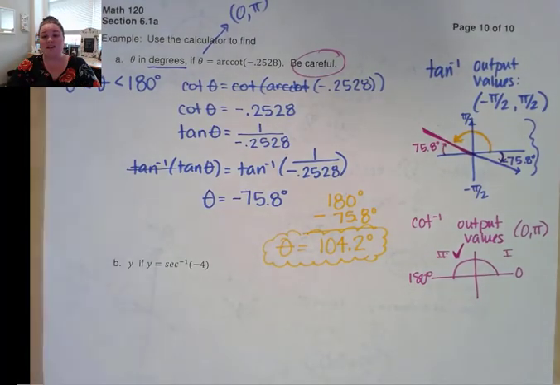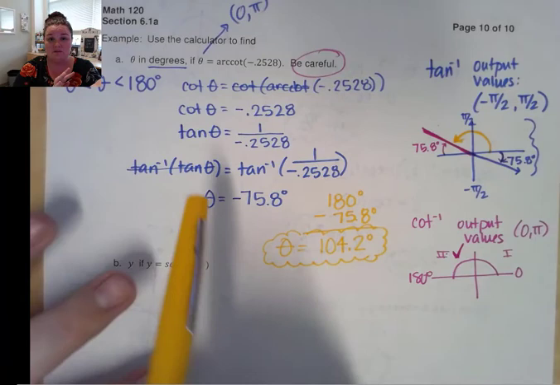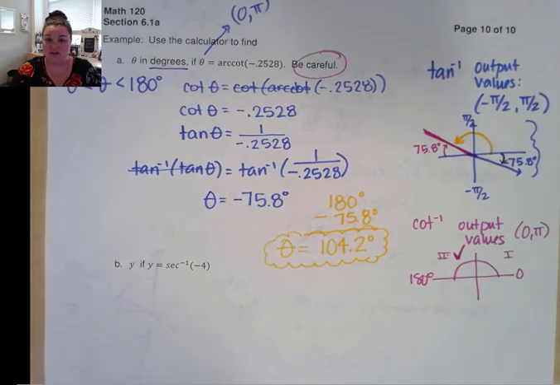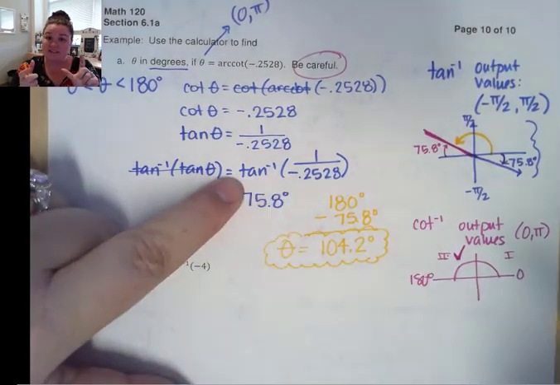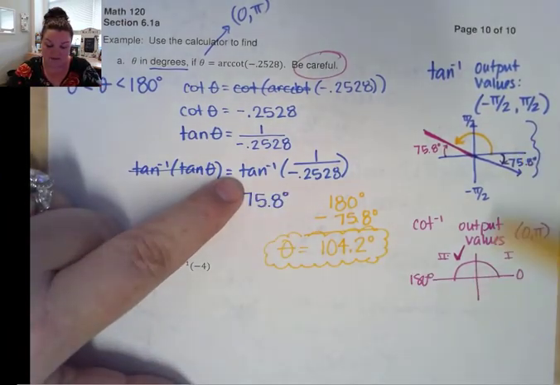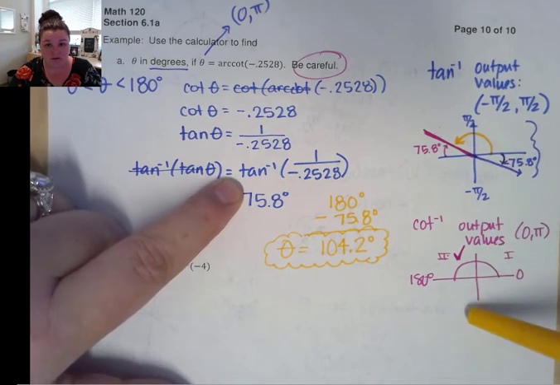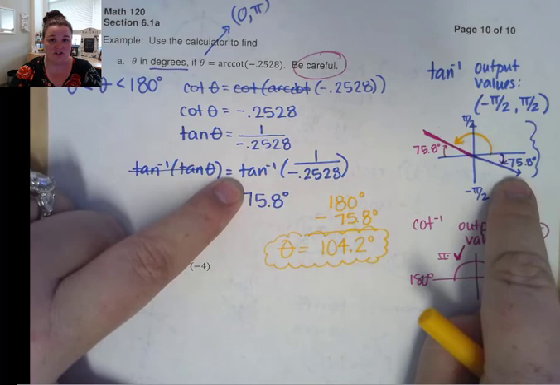Okay, so this one was a little tricky because since we don't have an inverse cotangent button on our calculator, we had to rewrite it in terms of tangent, which is totally fine to do. But when we rewrite it in terms of tangent, we then have to think about where our output values have changed going from tangent to cotangent.